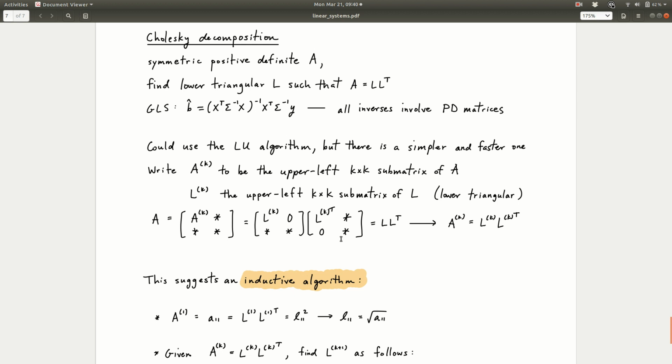All right, so if we write down the whole thing, we get A equals L L transpose. And if you do this multiplication, A^K is going to be L^K times L^K transpose plus 0 times 0, which means that A^K equals L^K L^K transpose.